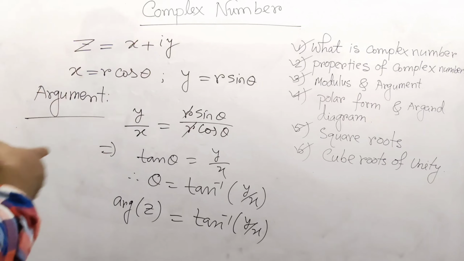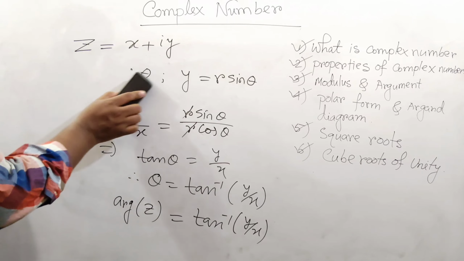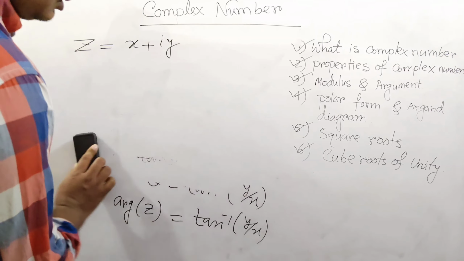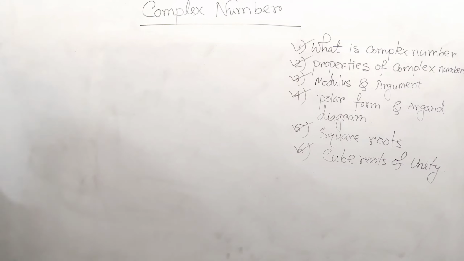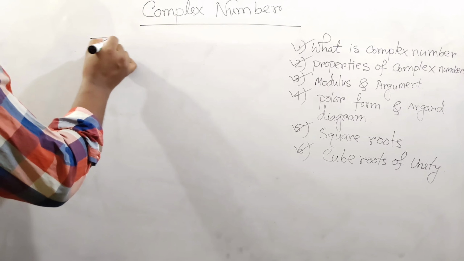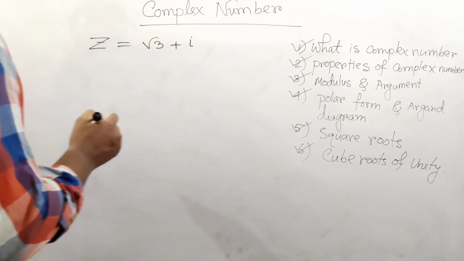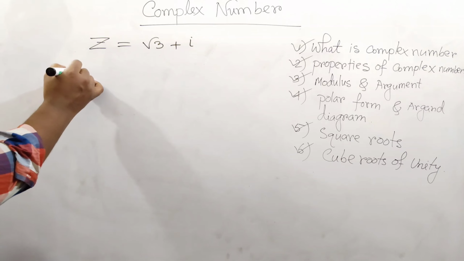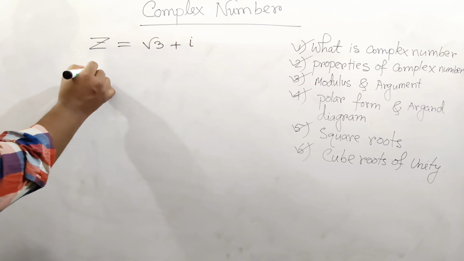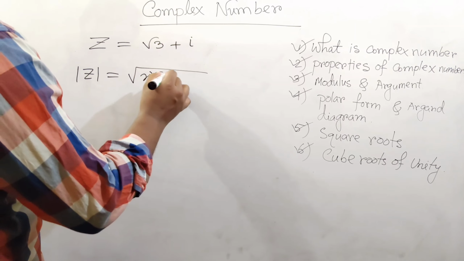Okay, now I'll show an example. What is the modulus and argument of a given complex number? For example, a complex number is given, that is root 3 plus i. So if the question asks you to find the modulus and argument, so here modulus z equals, so we know the formula square root of x square plus y square.